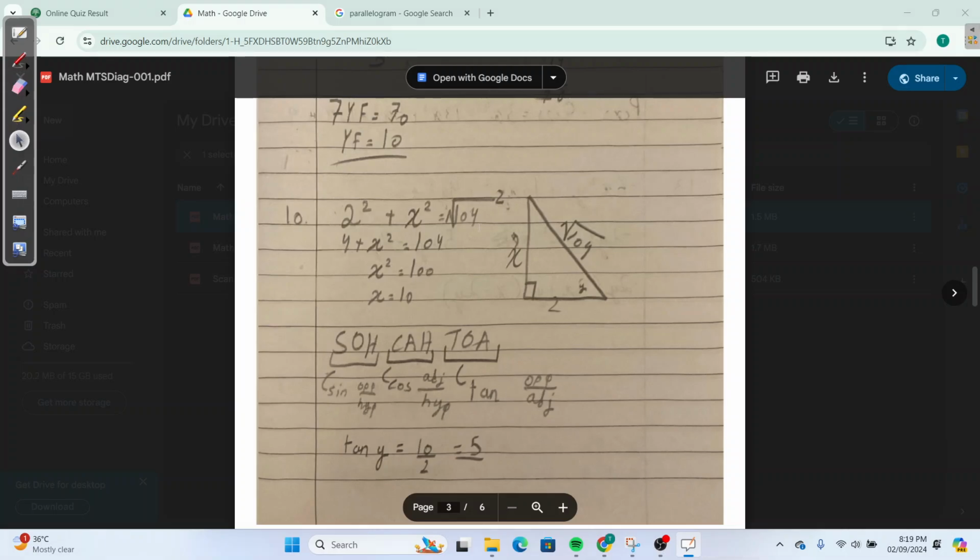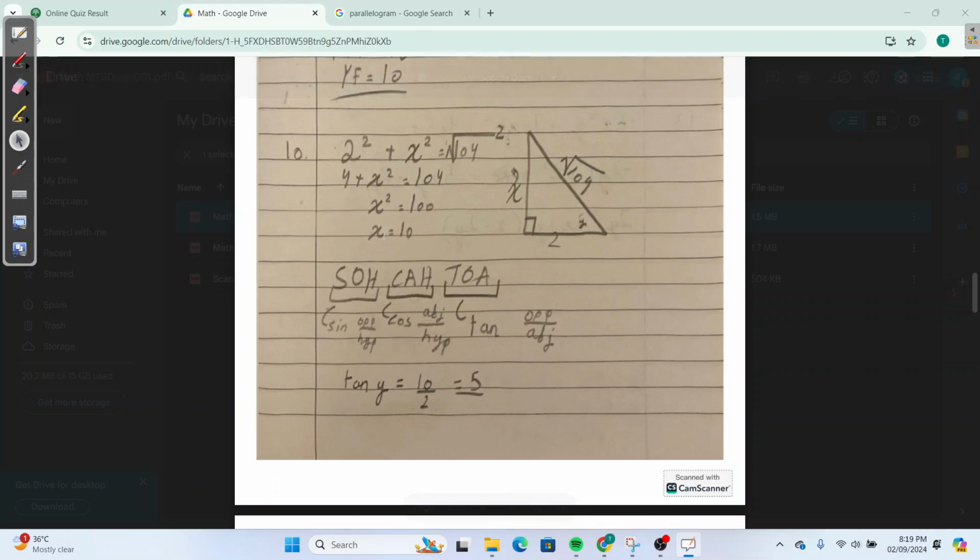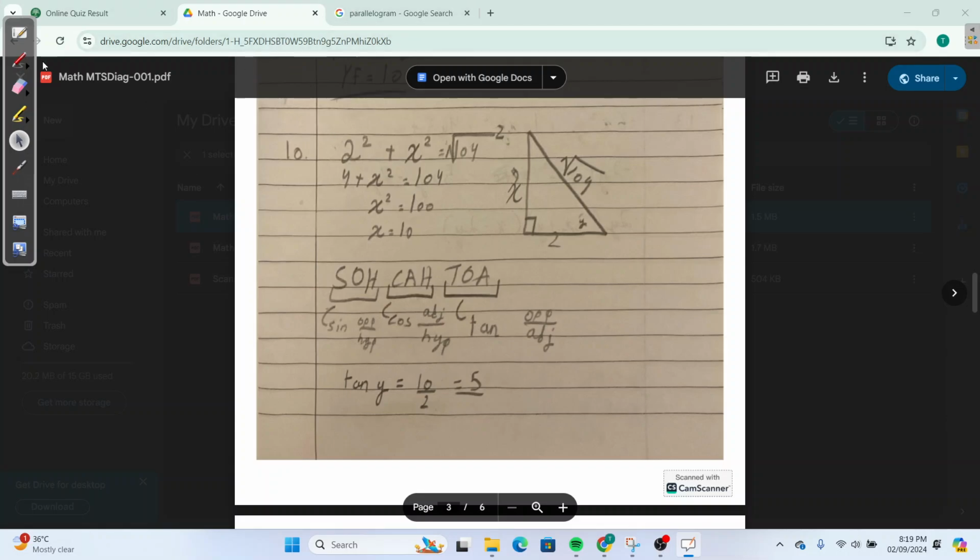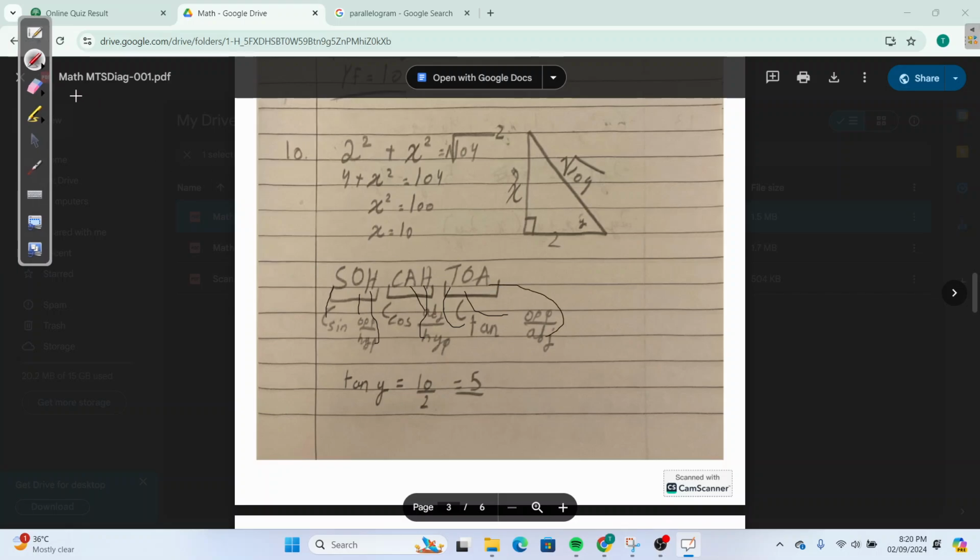Now, how do you memorize the trigonometric ratios? You guys should know this, but for some reason teachers didn't say it. It's called SOHCAHTOA. SOHCAHTOA basically stands for sine for the S, opposite over hypotenuse, O and H. CAH is cosine for the C, adjacent is A, and hypotenuse is H. TOA, tan for the T, O for the opposite, and adjacent for the A. And this is just a much easier way to memorize the ratios.